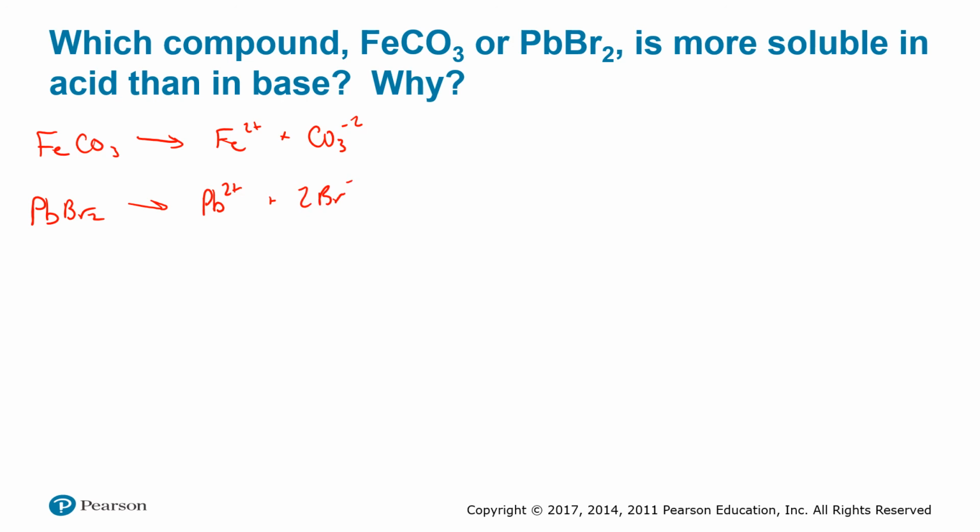We look at that little chart, and we see that carbonate, not bromide, is the base. Since this is the base, the reaction benefits by having a bunch of hydroniums around because it removes it from the reaction, shifting the reaction to the right, which means it's more soluble. So the iron carbonate is more soluble in acidic solution due to the carbonate being a weak base.